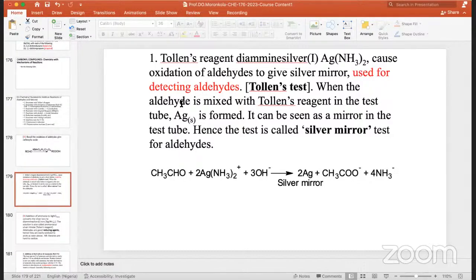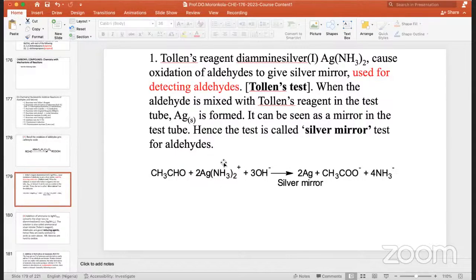What happens here is that if it's an aldehyde, when it is mixed with Tollens' reagent in the tube, you will see a kind of mirror on the test tube. That is why we refer to it as the silver mirror test for aldehydes. The aldehyde we're using here as an example is ethanal, the second member of the aldehydes.